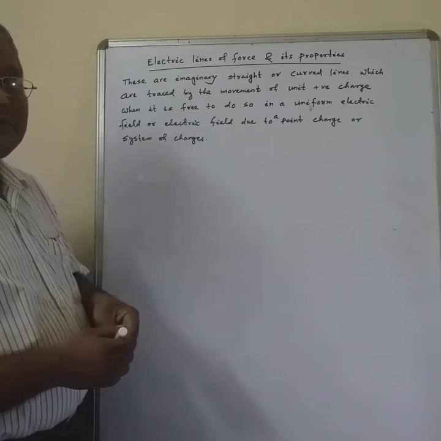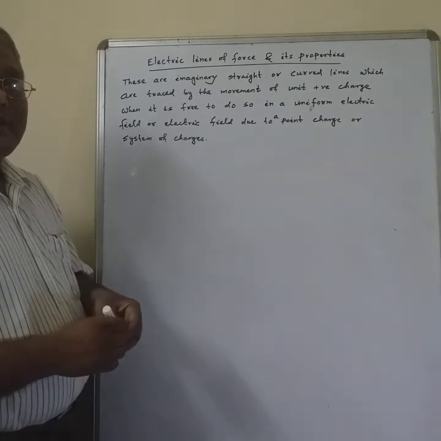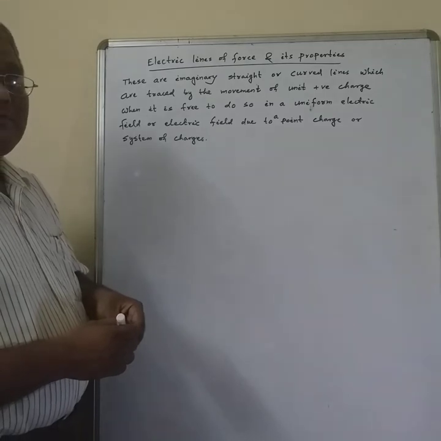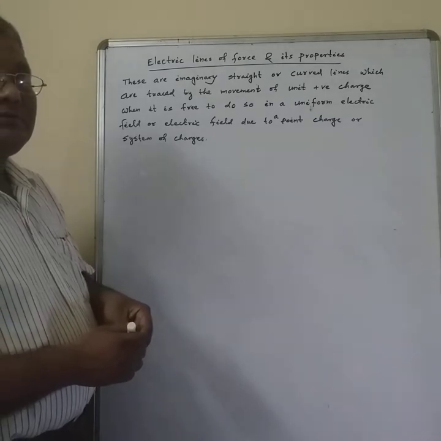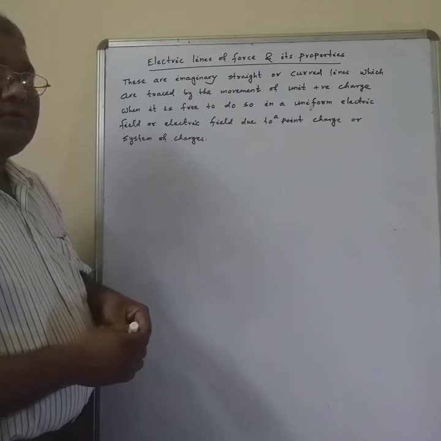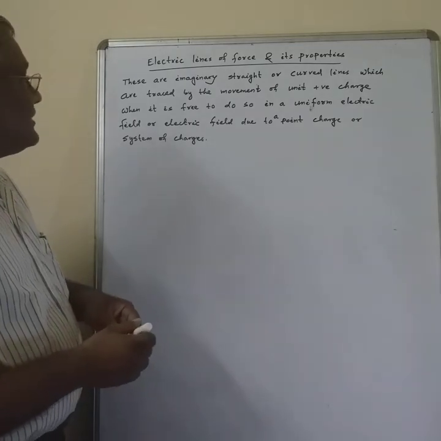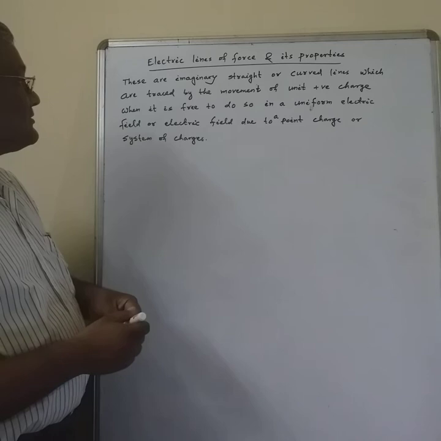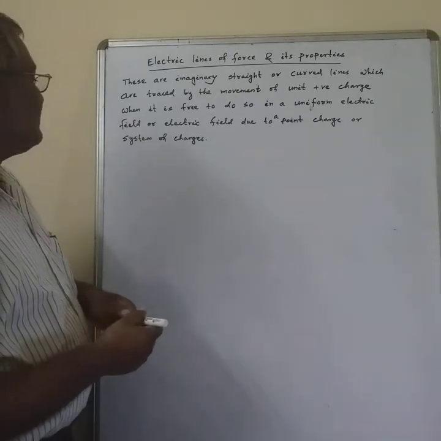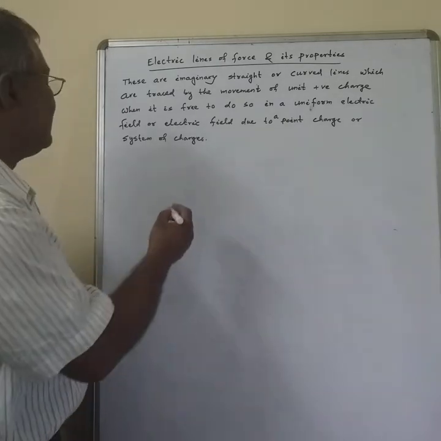These are imaginary straight or curved lines which are traced by the movement of a unit positive test charge when it is free to do so within an electric field, or the electric field due to a point charge or system of charges.